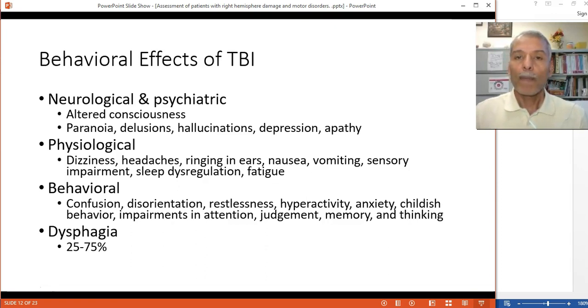And you know that the cranial nerves basically innervate the neck and the neck muscles and the vocal fold muscles and the soft palate muscles and all of these. In addition, the centers themselves that control swallowing are in the brainstem. So whenever you see dysphagia, you are going to suspect that the brainstem is damaged.